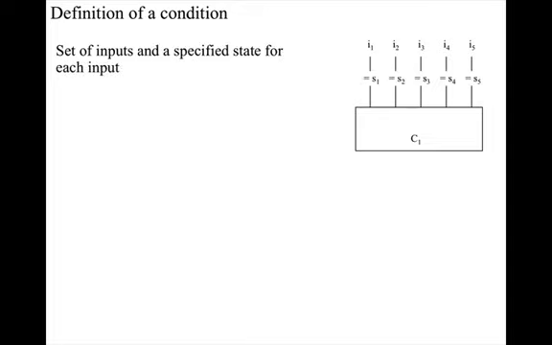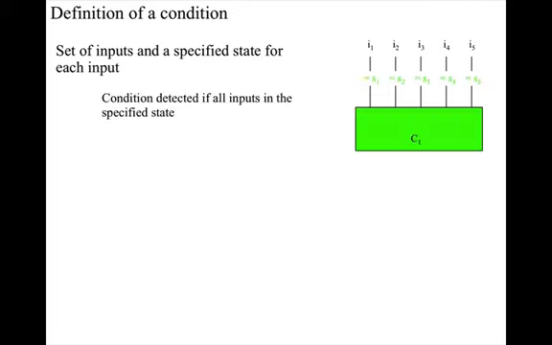So, to summarize these thoughts, a condition is defined by specifying a group of inputs and a state for each input, like the pixels we talked about. An input could be binary, in other words, it just has an on state and an off state, or it could have a range of different possible states. In the simple case, the condition is only present if all the inputs are in the state or states specified for the condition.